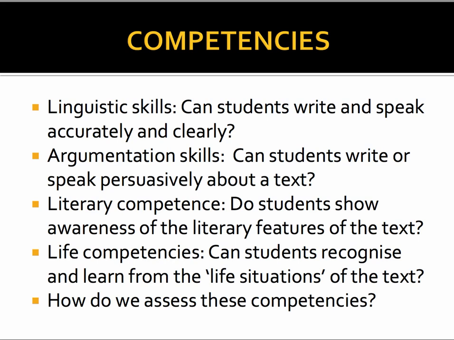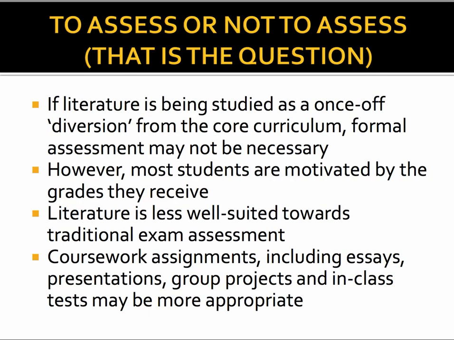In other words, have they acquired a kind of literary competence? Is there any sense in which the text will produce or encourage life competencies in the students? And finally, how do we assess these competencies? I'd suggest that some of them are measurable, others less so.